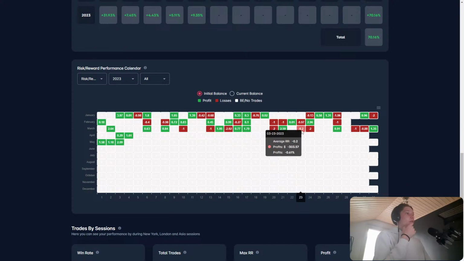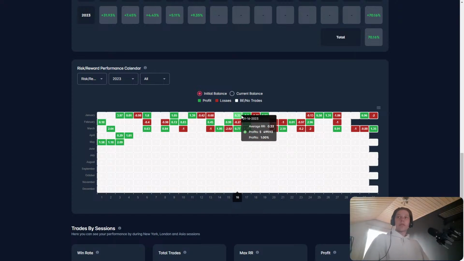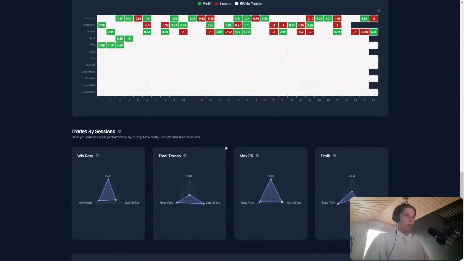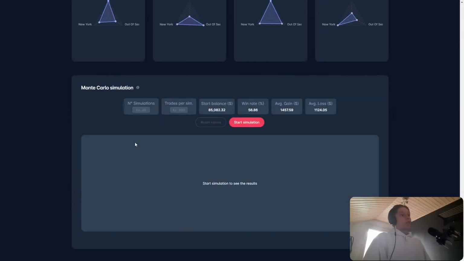And some of the losses are with 1% risk, whereas most of the winners are with 3% risk per trade. So the winners are much higher.